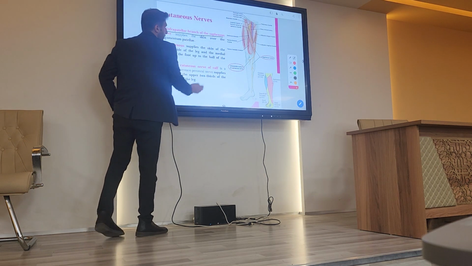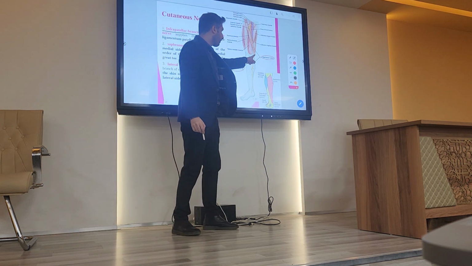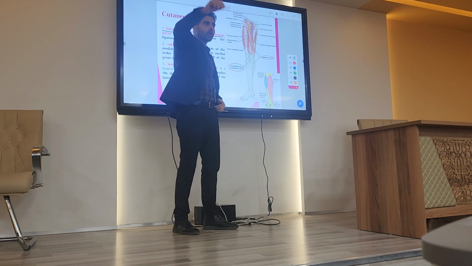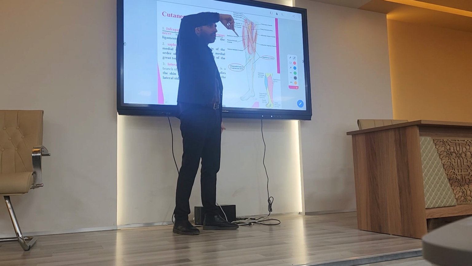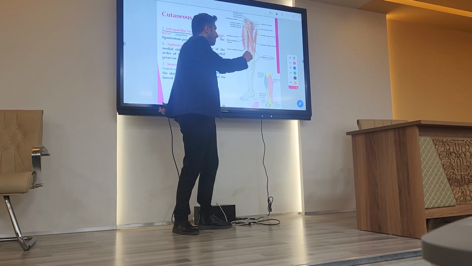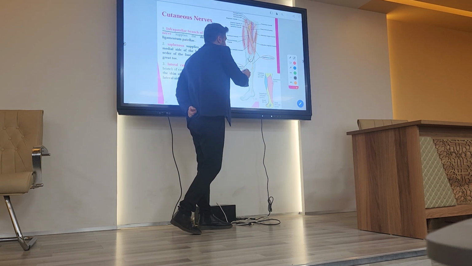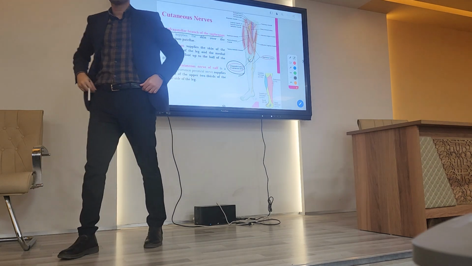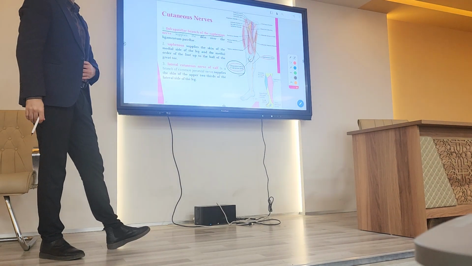Infrapatellar branch of the saphenous nerve. Saphenous nerve in the medial side of the leg has one branch that goes to the patellar region, patellar ligaments. Sensory. So infrapatellar branch is the name of this branch from the saphenous nerve.